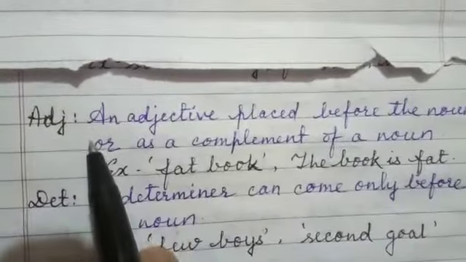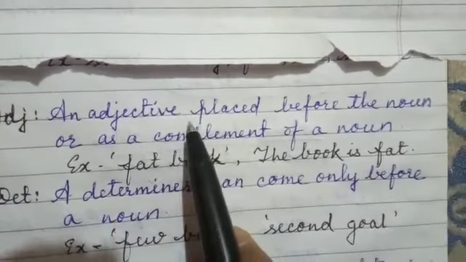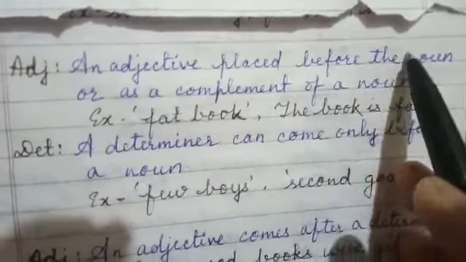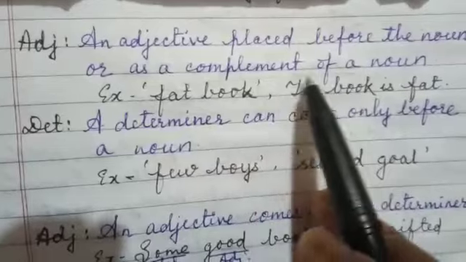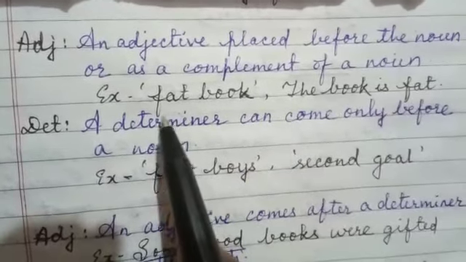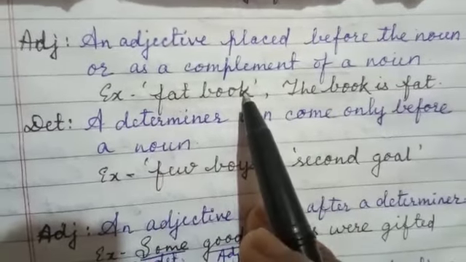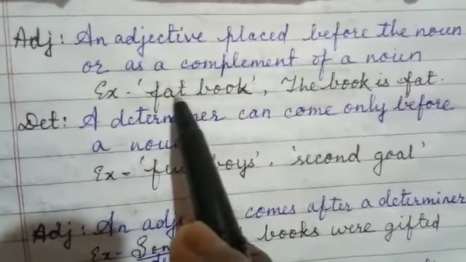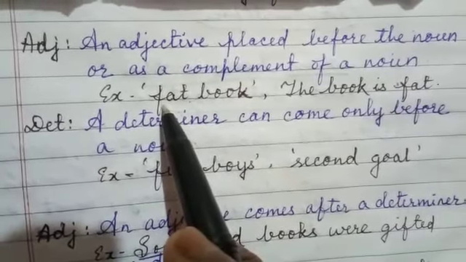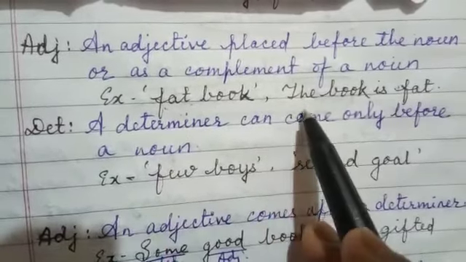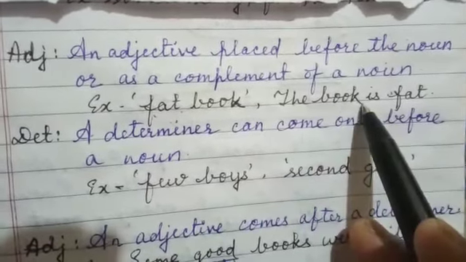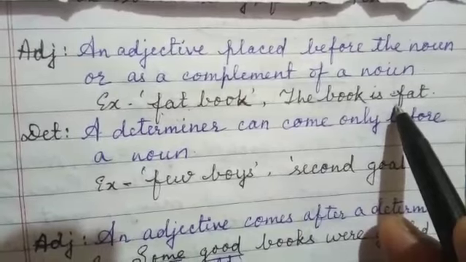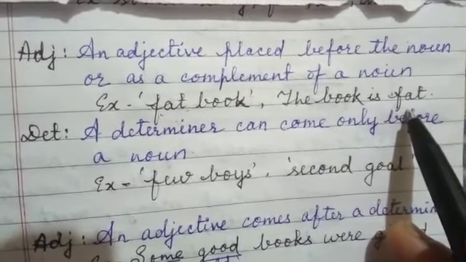Next, an adjective is placed before the noun or as a complement of a noun. Just like that: fat book. The book is fat. Here, this is an adjective, and here it is used as the complement of a noun.